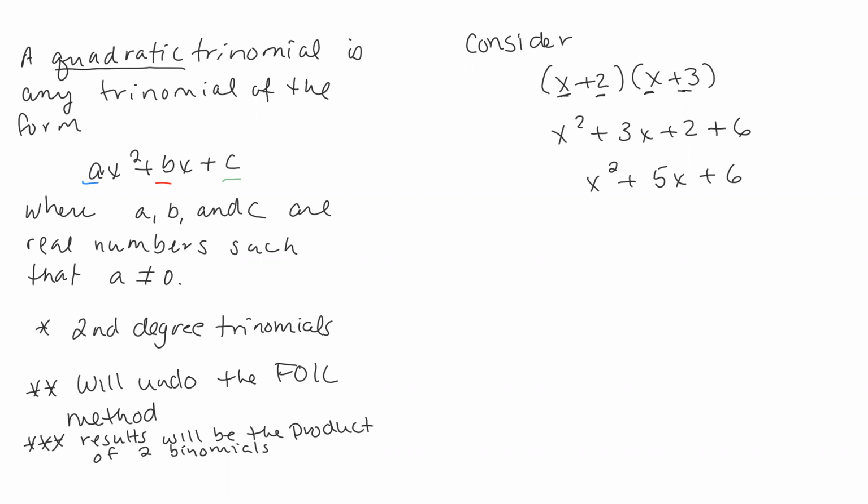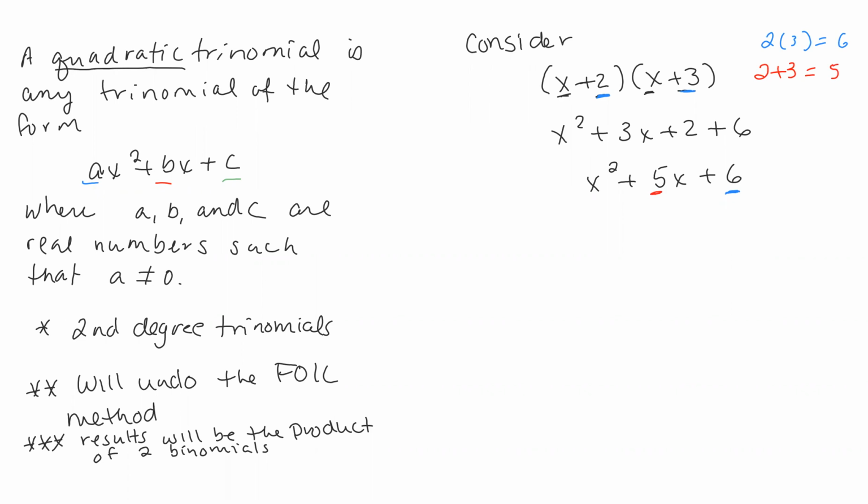Now, let's look at this 6 right here. And then let's look at 2 times 3. Well, 2 times 3 is 6, all right? And then let's look at this 5 here. Well, if I take 2 plus 3, I get 5.